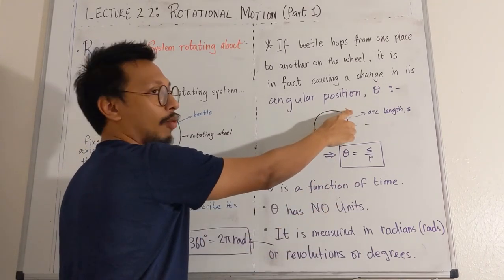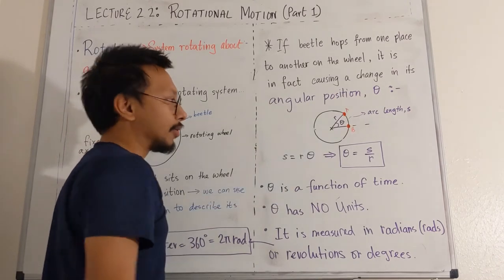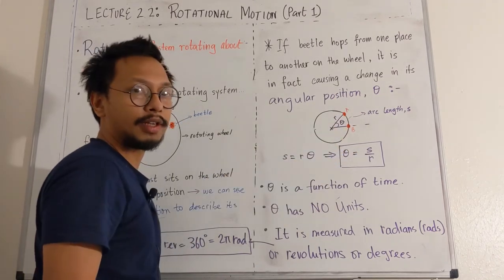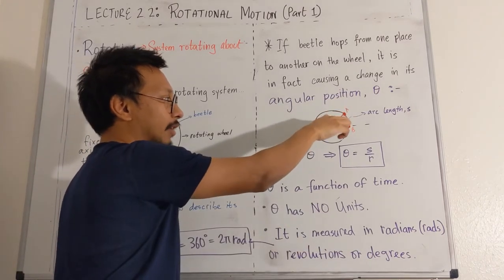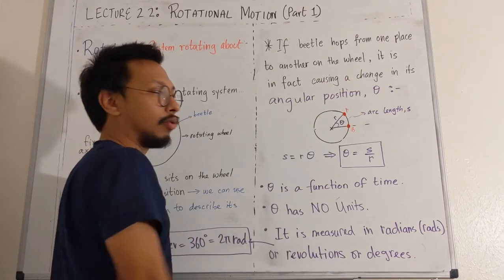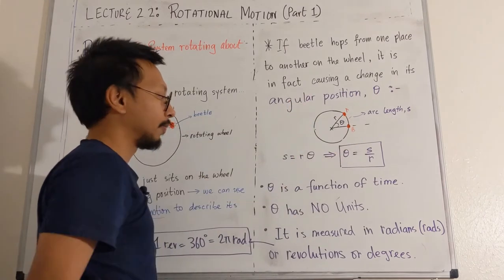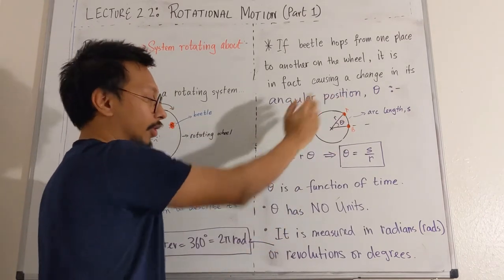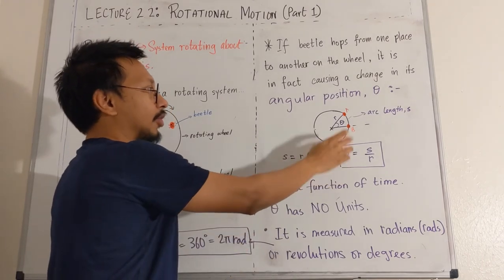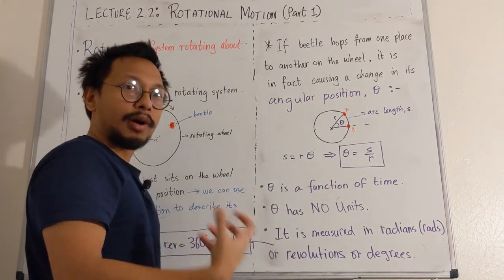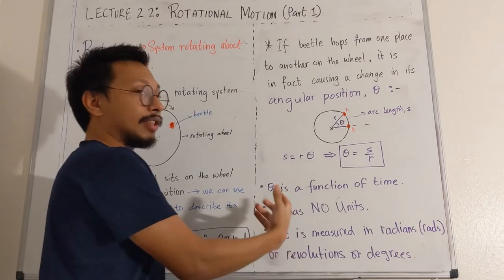So point A could have been at t equals 0, point B could have been at t equals 2 seconds or something. So we can say that the angular position changed from t equals 0 seconds to t equals 2 seconds, whatever you want to say.